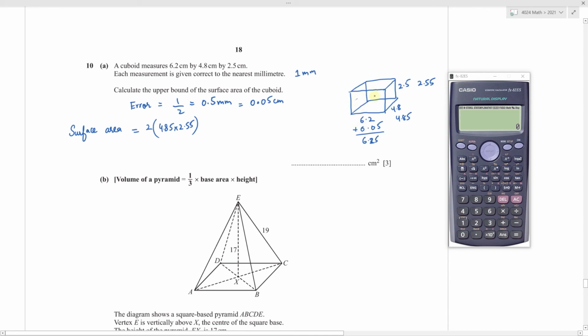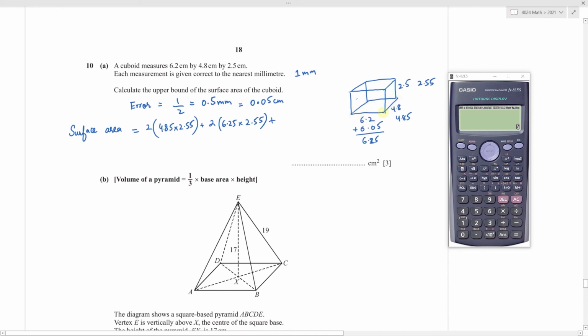And then let's look at this front face, this one. 6.25 into 2.55. And again, if the front is this, then this back face is also the same, so I'll multiply it by 2.